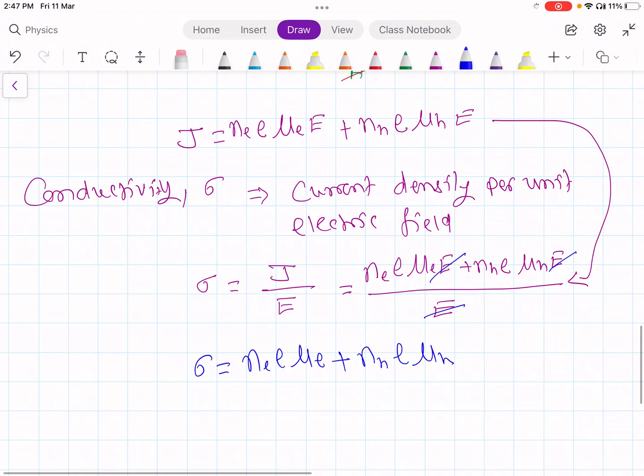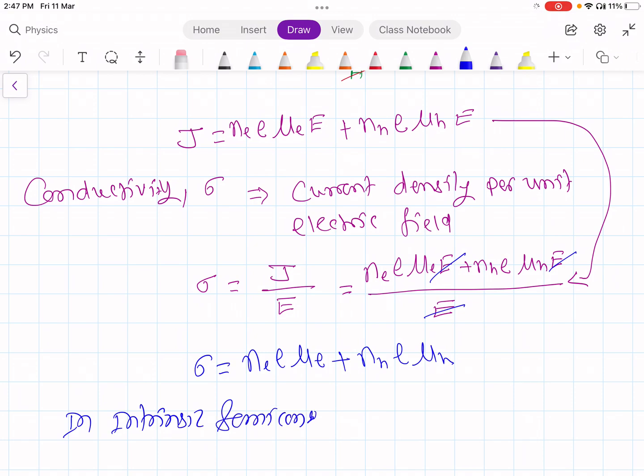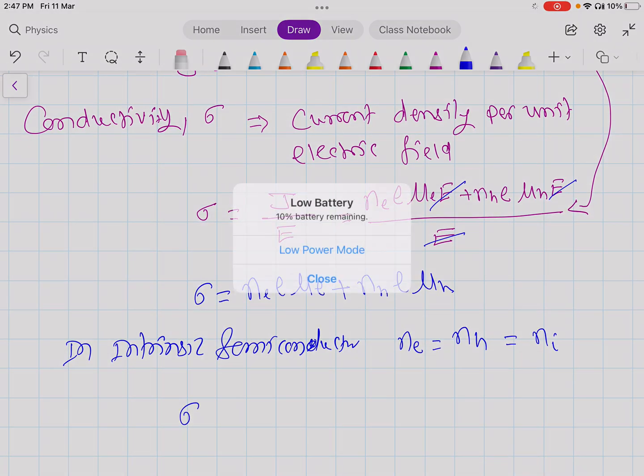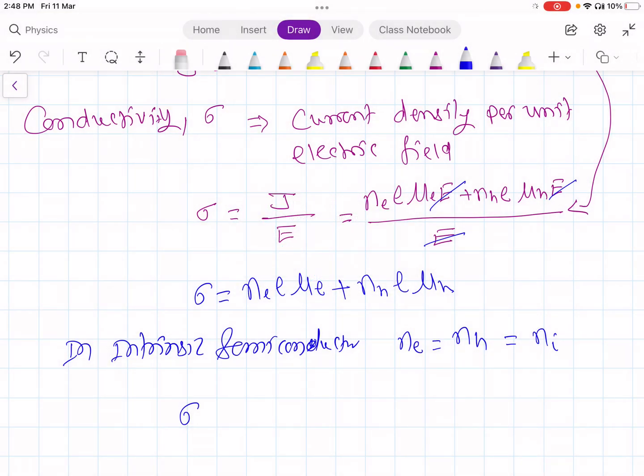But in an intrinsic semiconductor, the number of electrons is equal to the number of holes, and that we denote by Ni. So this equation we can write as sigma equals Ni into e into bracket mu e plus mu h.